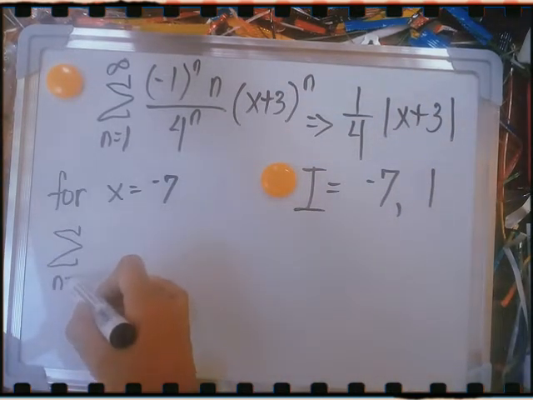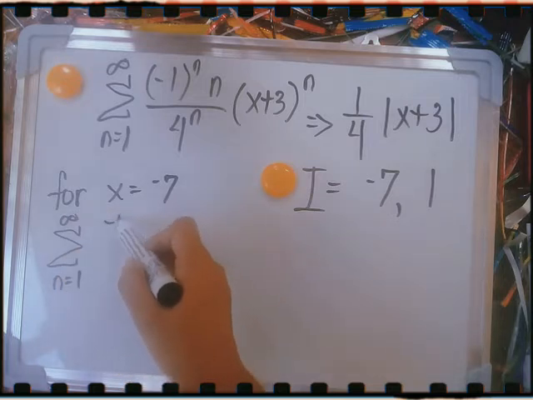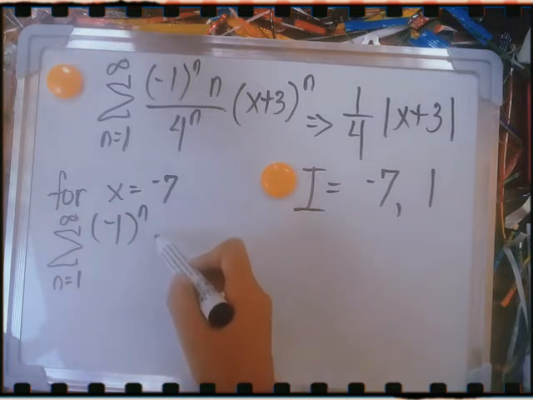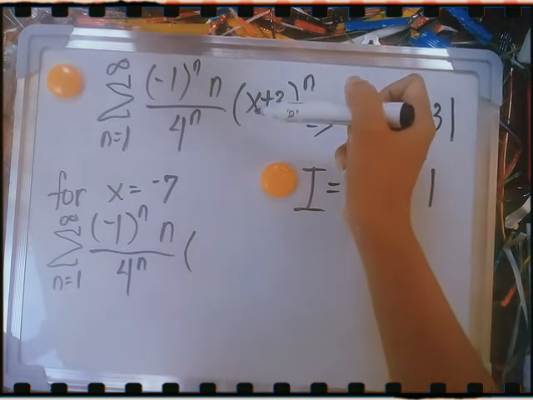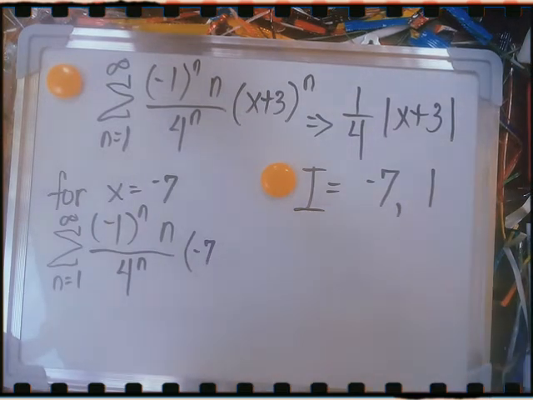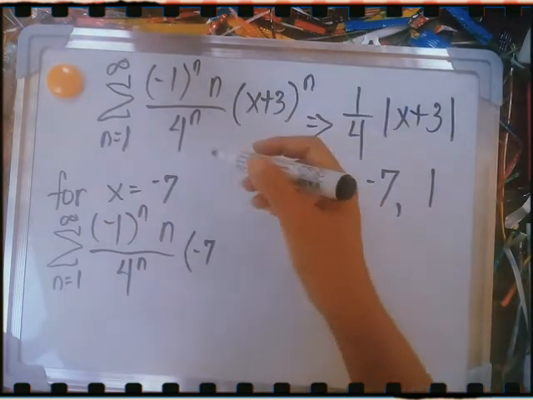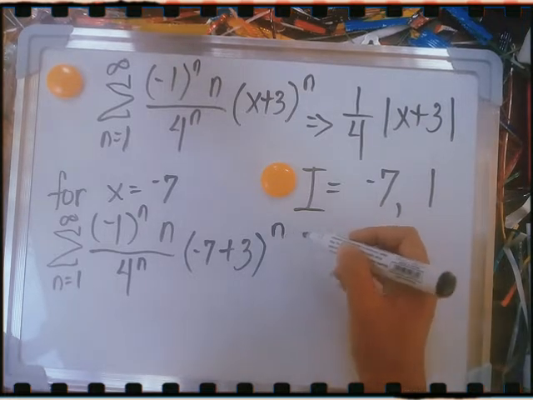So we have n is equal to 1 to infinity. We have negative 1 raised to n times n over 4 raised to n. So, dito naman natin siya substitute. So, we have negative 7. Here we have x, so negative 7 plus 3 raised to n.